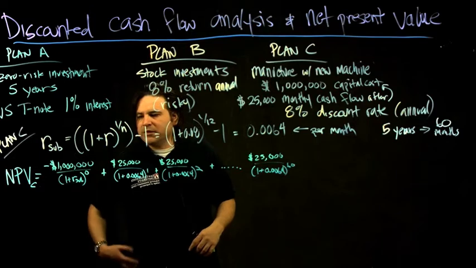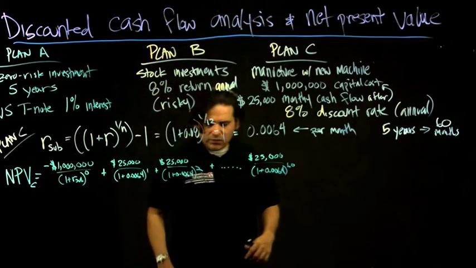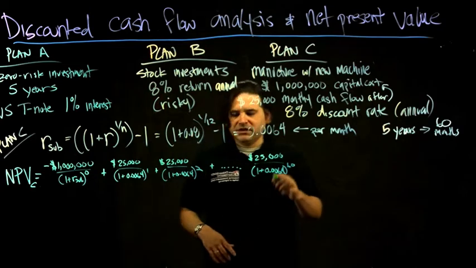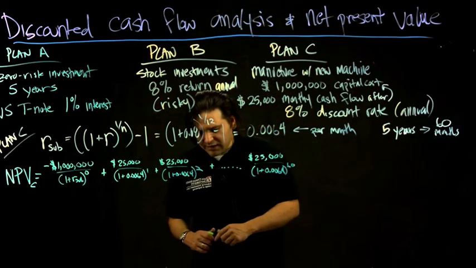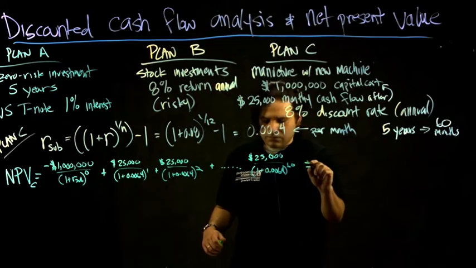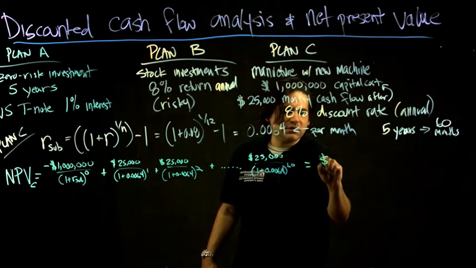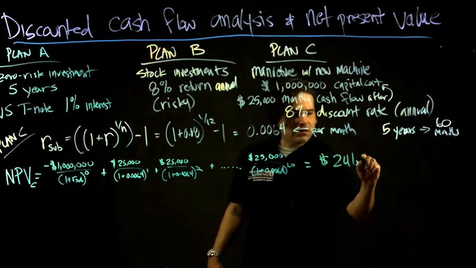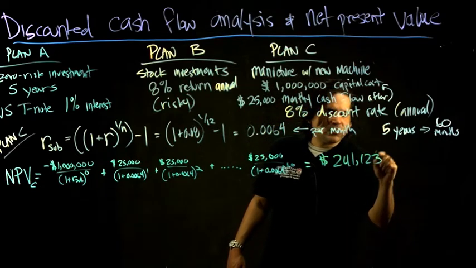So that's what we're doing. And when you plug in those numbers, after these 60 compounding periods, what I got was that the net present value is $241,123.